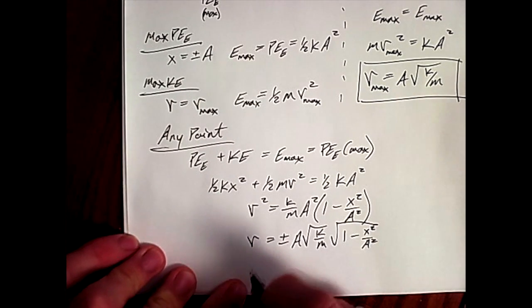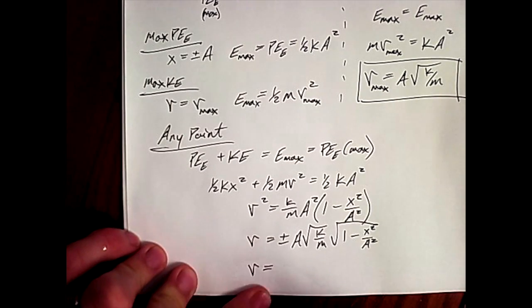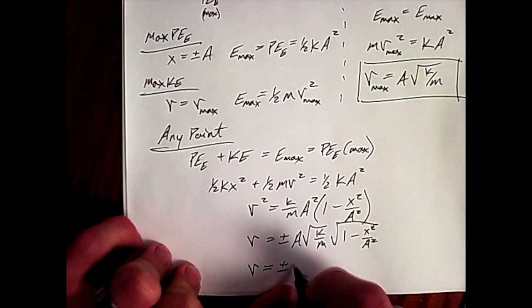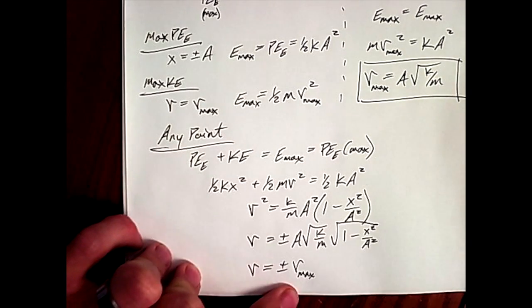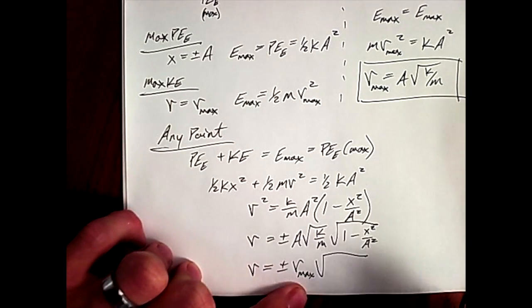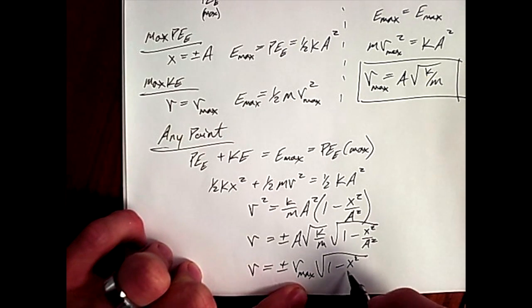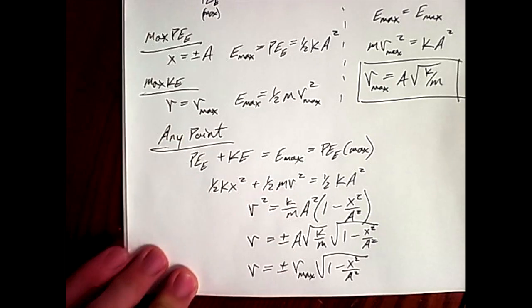So that means that the velocity of this system can be calculated at any point as a function of its maximum velocity and a square root of its displacement or position at that time compared to its maximum.